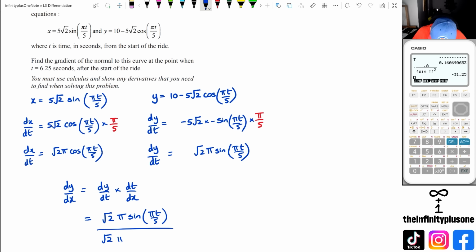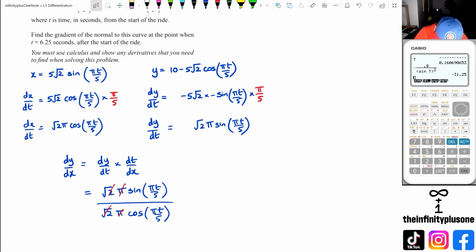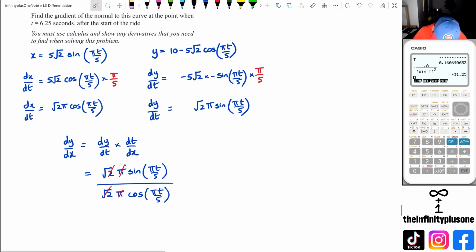So I've got square root of 2 pi cos of pi t over 5. Now, my square root of 2 disappears, pi disappears, and what I'm left with is just dy dx. Now, sine over cos is tan, so I can say that dy dx is tan pi t over 5.